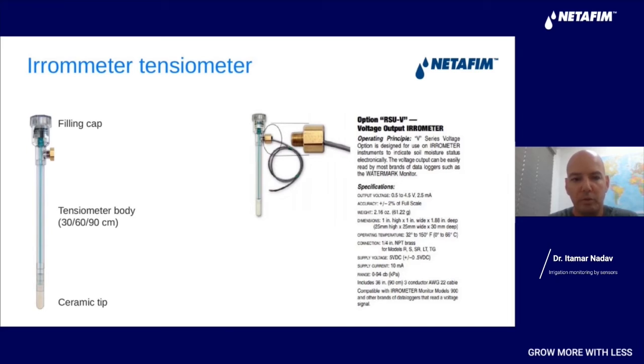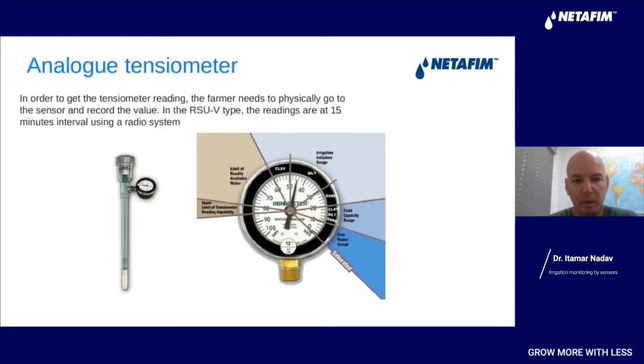And you just need to fill this sensor with water and install it in the soil. And, as you can see on the right side, you'll have a transducer that converts the tension into a current, an output of voltage that we can actually read with our systems. And the values of the tensiometers are very easy to interpret.